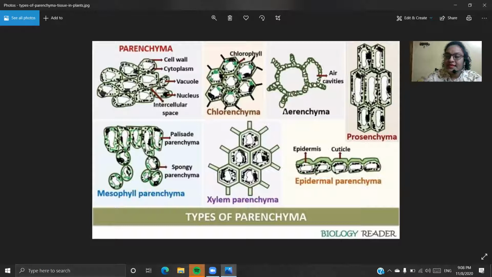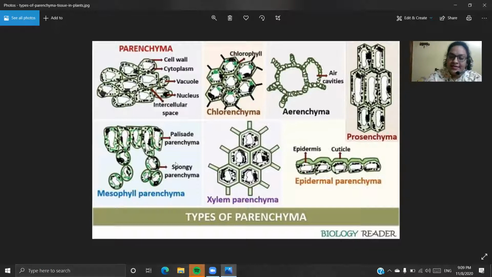You can even see that in the hydrophytes, the parenchyma is going to store air in the intercellular spaces and is regarded as aerenchyma, which makes the hydrophytes float. And the long fibrous parenchyma is regarded as a prosenchyma, which is going to give them strength.